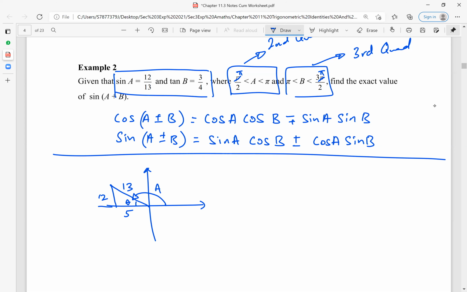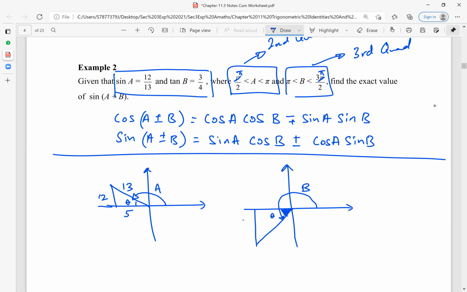Now, the next one. Now we're going to draw B. B is over at the third quadrant, so it's somewhere here. From here to here is B. This angle is theta, but this is B. Tangent B is 3 over 4.